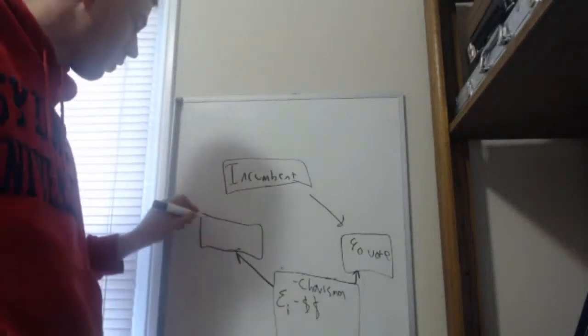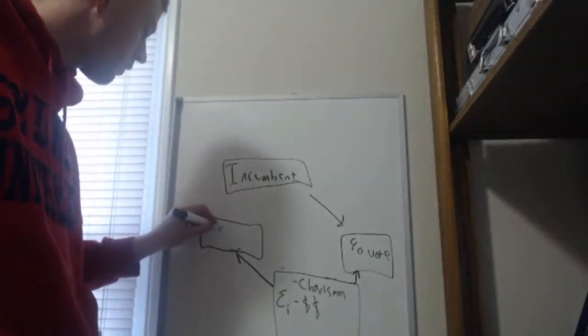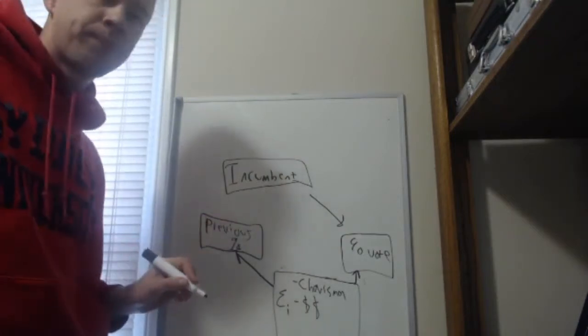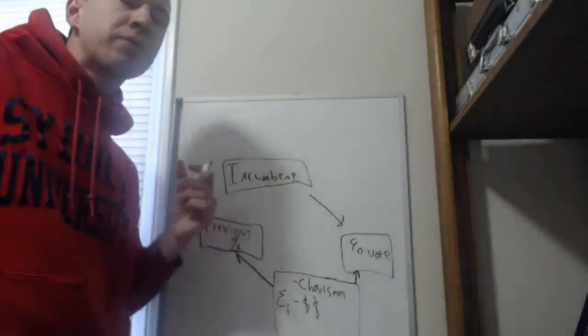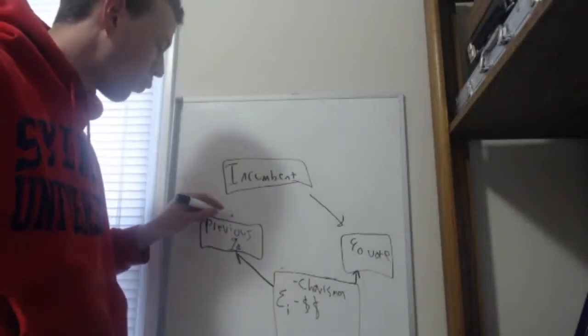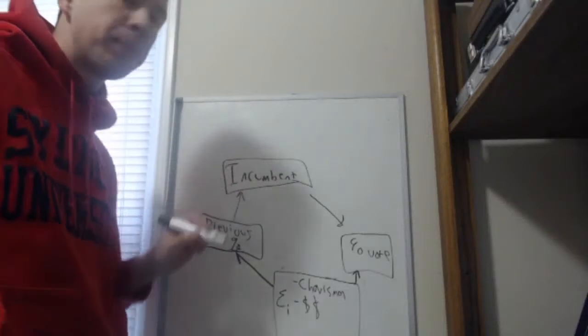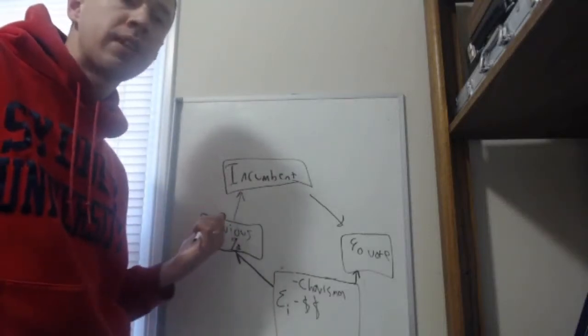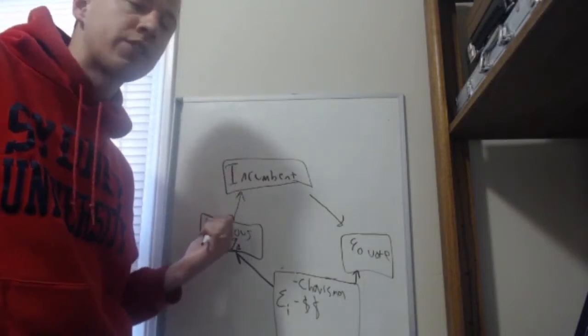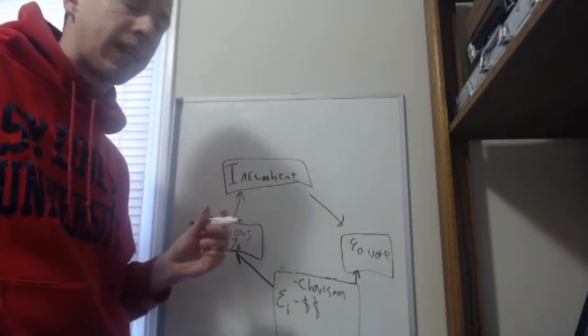So we'll call this previous percentage. And the percentage vote that you got in the previous election determines whether or not you become the incumbent. If you got over 50% in the prior election, then you're the incumbent. If you got under 50% in the prior election, then you're not the incumbent. It's as simple as that.